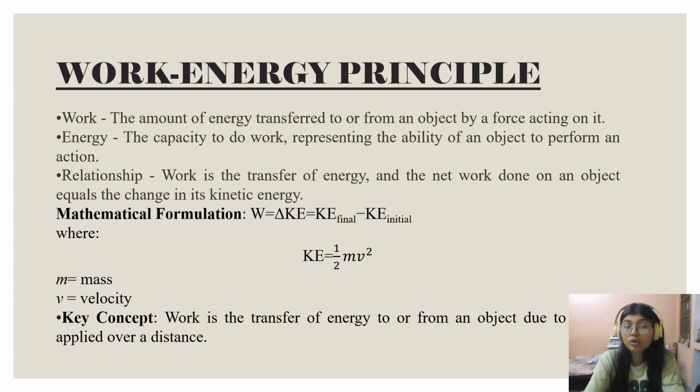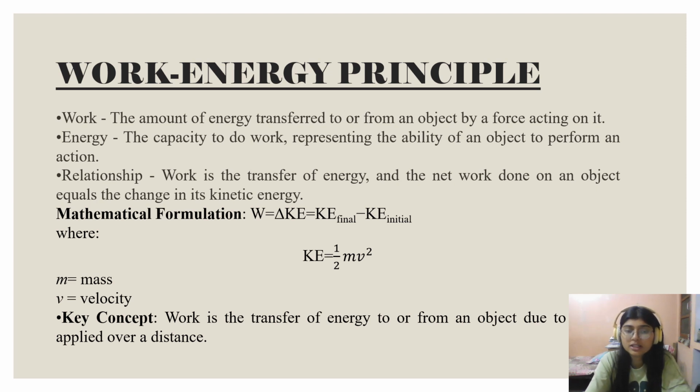To know more about work energy principle, we should first get along with terms like what is work and what is energy. Basically, work is the amount of energy that is transferred to or from an object by any force acting on it, and energy is the capacity to do that work. The relationship between the two is that the net work done on an object is equal to the change in its kinetic energy.